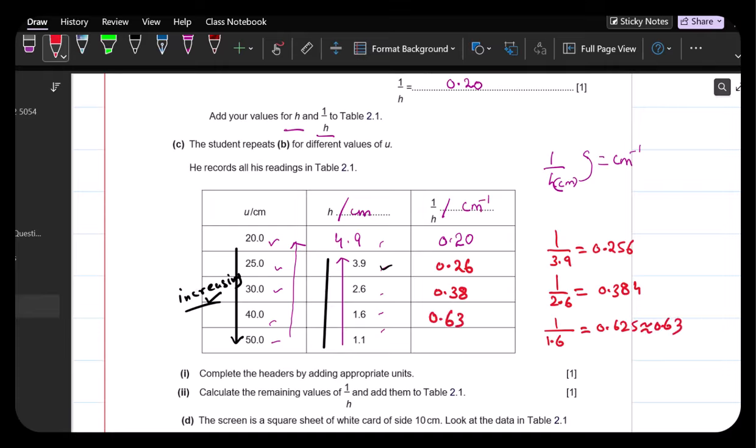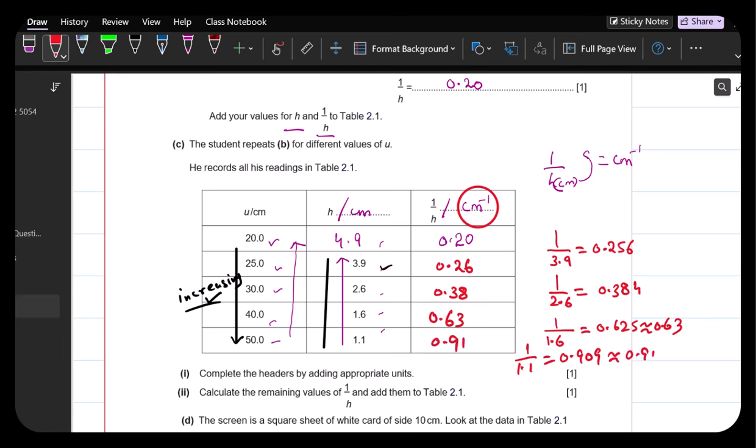No need to write the unit here, students, because we have given the heading here already. Then we have to divide 1 by 1.1. If I solve this, 1 divided by 1.1 is 0.909, which is 0.91.